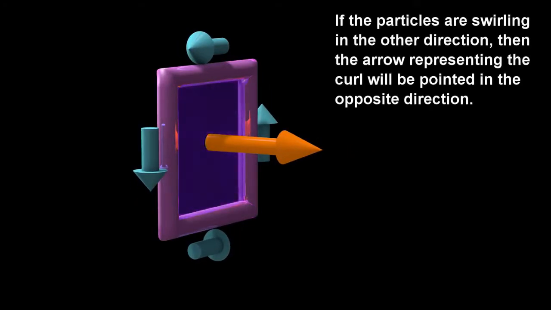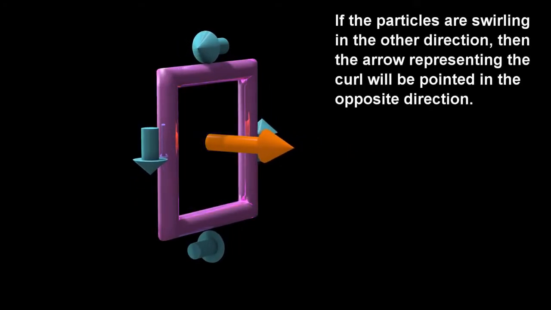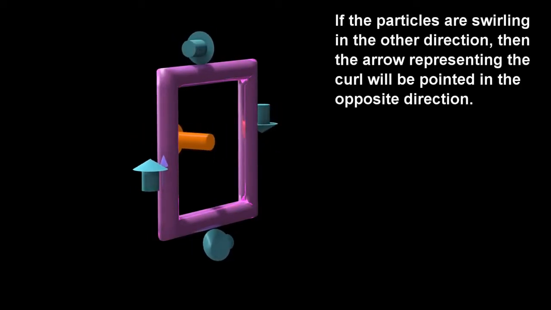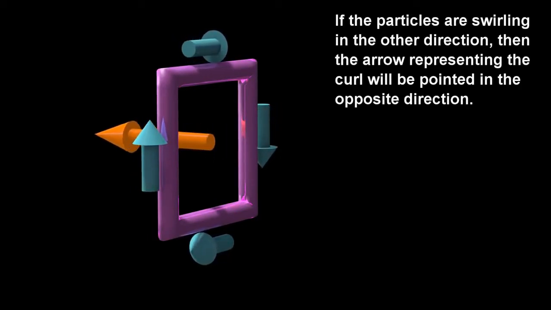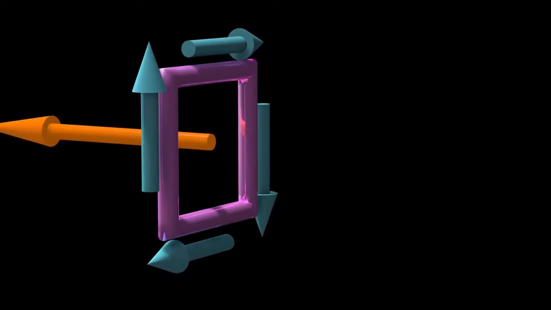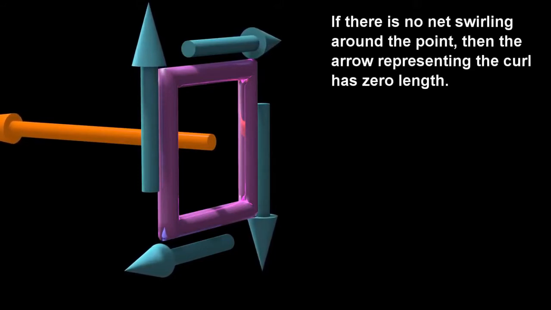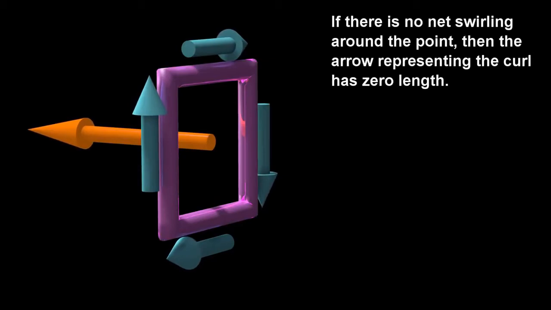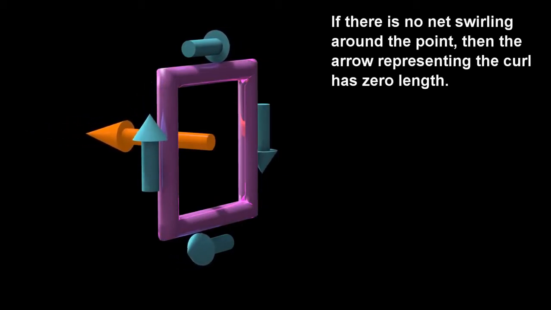If the particles are swirling in the other direction, then the arrow representing the curl will be pointed in the opposite direction. If there is no net swirling around the point, then the arrow representing the curl has 0 length.